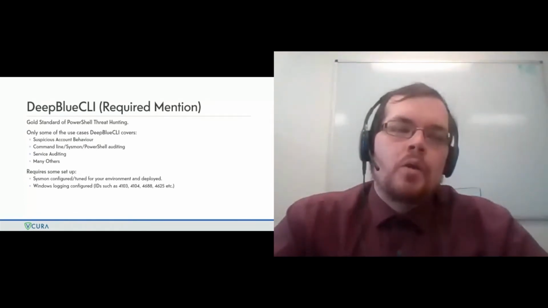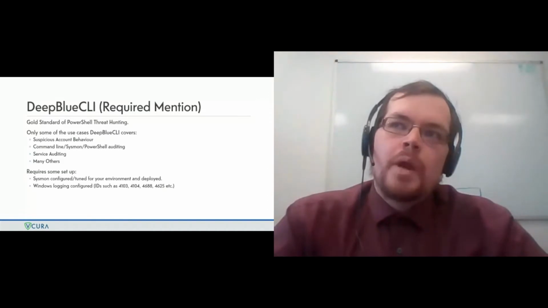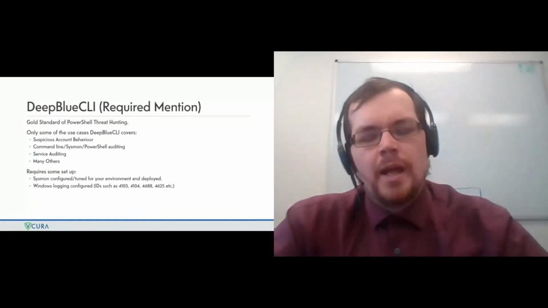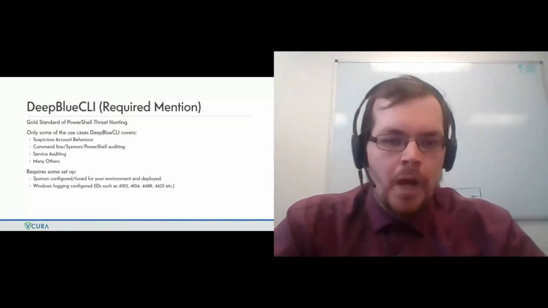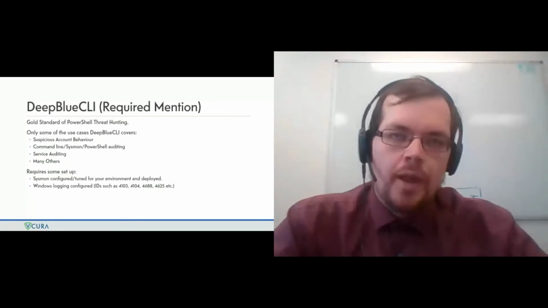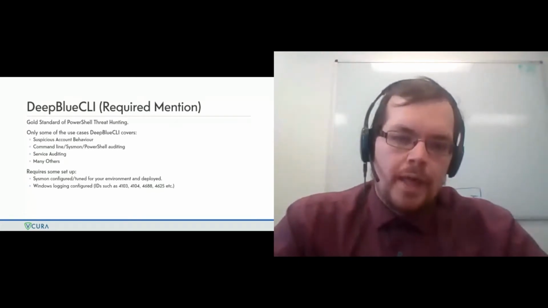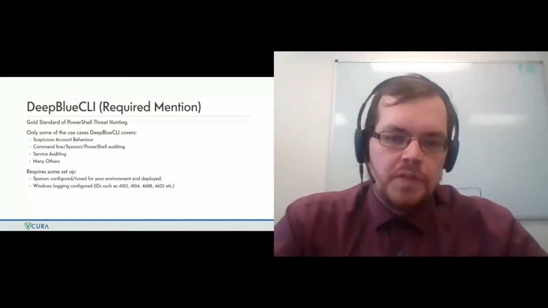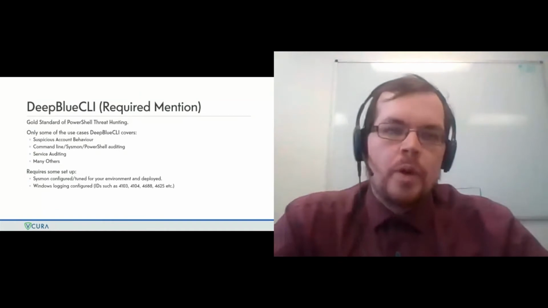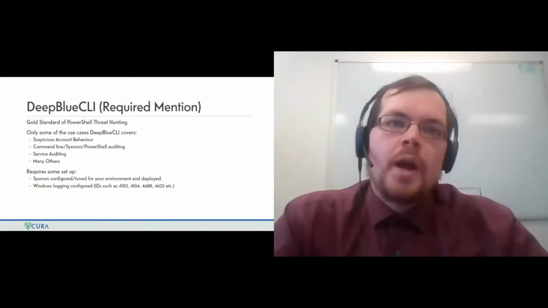And also my goal for the end of this talk is so that you guys can take what you see here into your environments right away with a minimum of pre-configuration necessary. There will be some that we'll be touching on, but Deep Blue CLI itself requires Sysmon from the Sysinternals suite to be deployed throughout your environment and properly tuned for your environment.